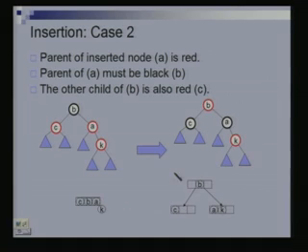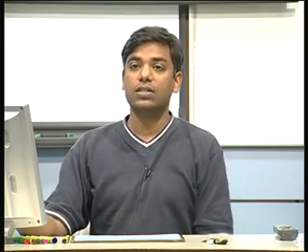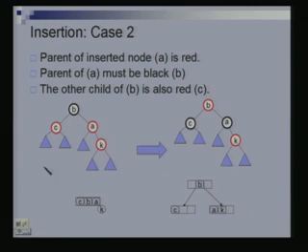Does this take care of all problems? There are two issues. First, have we created a black height problem? No. Let us say what the initial black heights of all these subtrees should be.